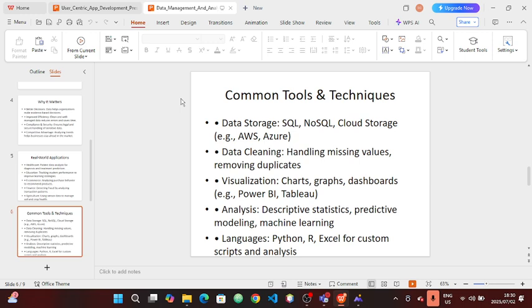Visualizing: charts, graphs, dashboards. Analyzing: descriptive statistics, predictive modeling, and machine learning. Languages: Python, R, and Excel for custom scripts and analysis.